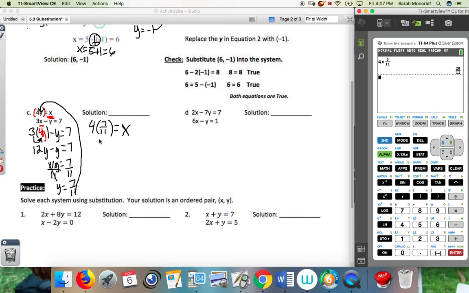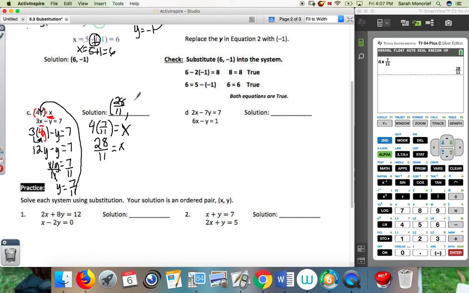We get 28 over 11 is equal to x. So my solution is going to be, what is my x? 28 over 11, comma, what is my y? 7 over 11. I know a lot of us freak out once we see weird fractions and decimals as answers, but it can work. This can be a solution. So don't freak out. Just let it be.